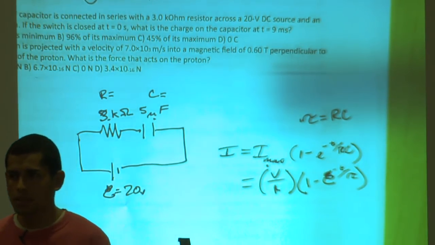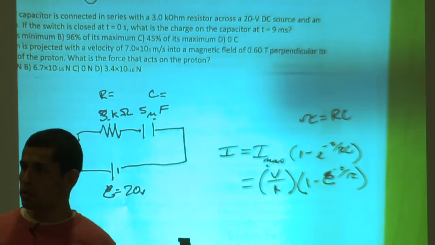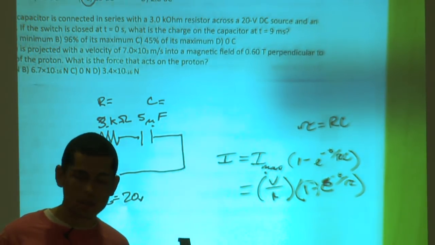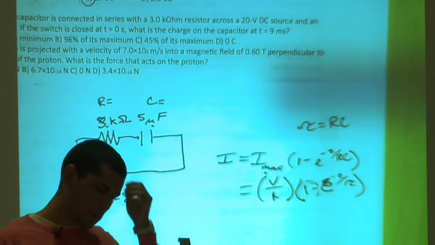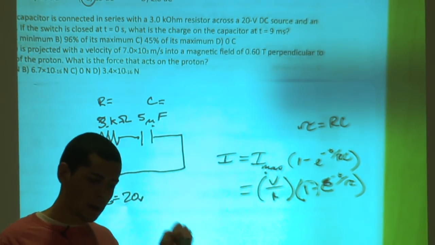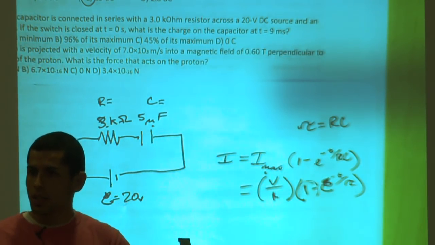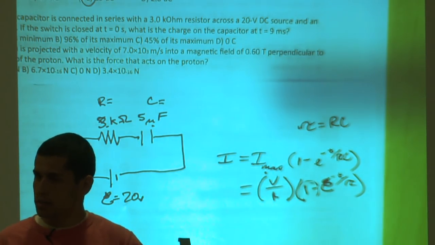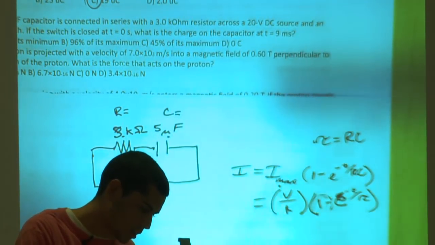But let's do this math for real, because I want to determine if it's 1 minus e or simply e, because over time we're adding charge to the capacitor, right? Does that make sense? Yeah, so we're adding charge onto the capacitor, and this is just giving us our current.